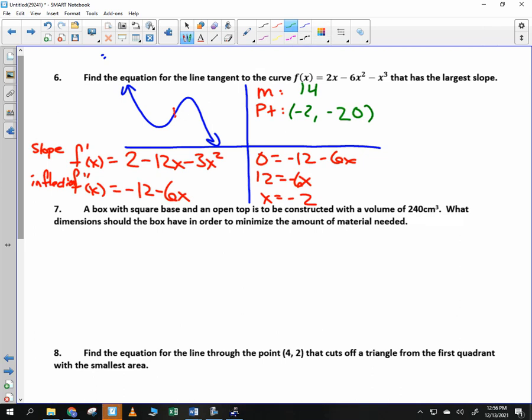Is that enough information to write the equation for the line? It sure is. I have y plus 20 is equal to 14 times x plus 2, or y plus 20 is equal to 14x plus 28. Y is equal to 14x plus 8.